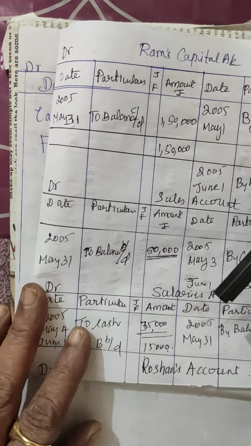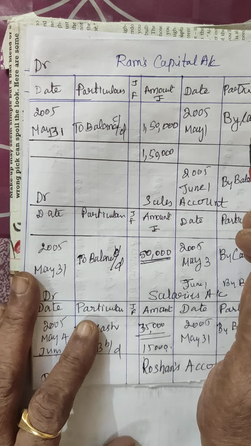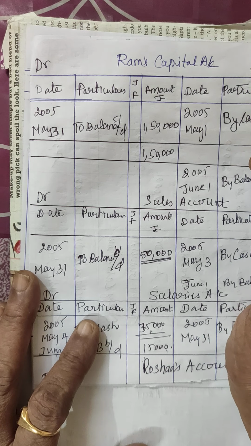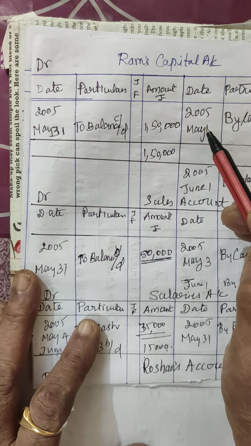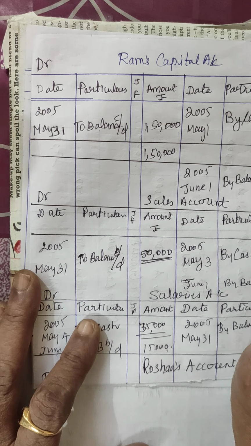Ram's capital account. What is the balance given here? Ram's capital account is credited because all personal accounts have credit balance. Now let us see the credit side. On May 1st, cash brought into the business 1,50,000.